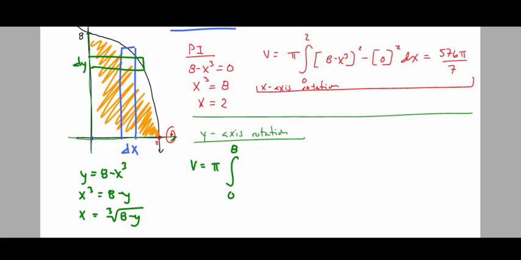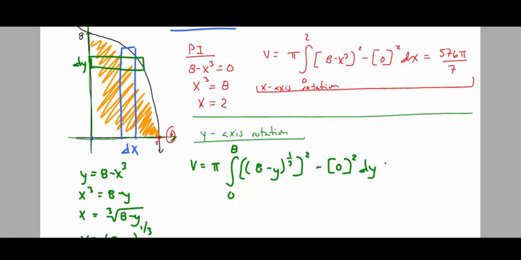So if I wrote this in exponential form, this would be x equal (8 minus y) to the 1/3. So my outer radius is this curve that I've had to redefine as (8 minus y) to the 1/3, quantity squared. Now this is touching my axis of rotation, so my inner radius is 0 squared, and everything is in terms of dy.